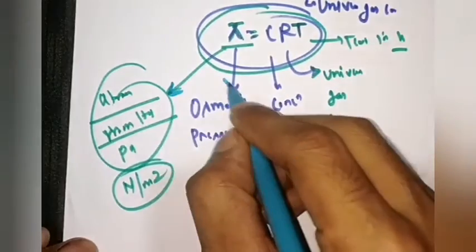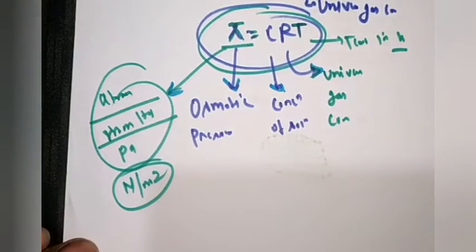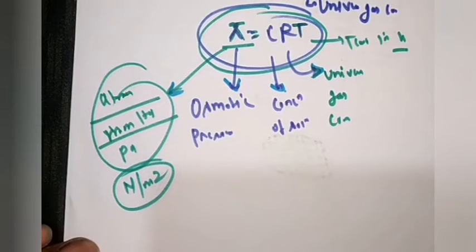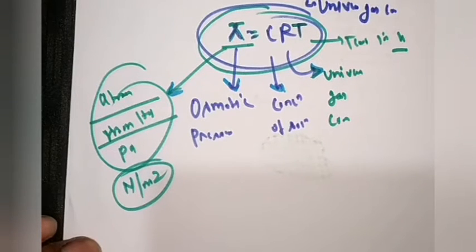Later on we will discuss many numericals on colligative properties. In the next lecture I will be defining the van't Hoff factor: what it is, and why the concept of the van't Hoff factor comes into existence, and the reason behind it.